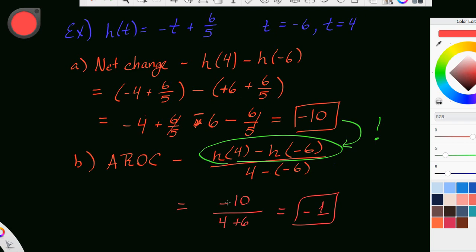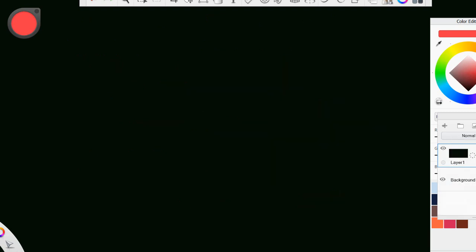Great. Let's go ahead and look at one more example where instead of looking at an interval with two numbers, let's look at one where we have an interval that has a variable in it. So for this example, let's go ahead and look at, let's say, f of t equals 7t squared.